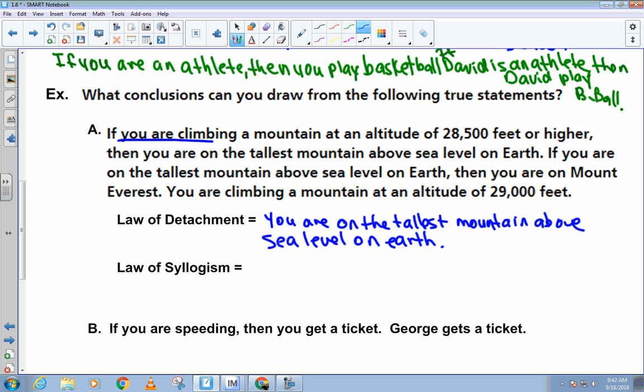That's just using this statement right here, because that's all I can do with the law of detachment. It says you're at an altitude of 29,000 feet, then you are on the tallest mountain above sea level on Earth.